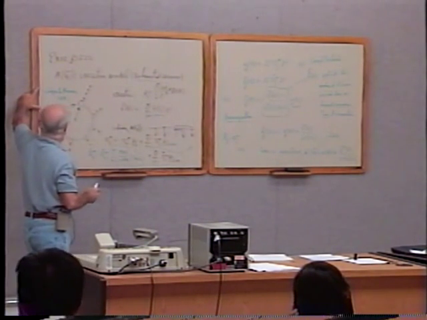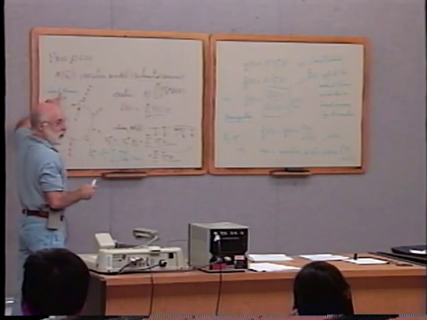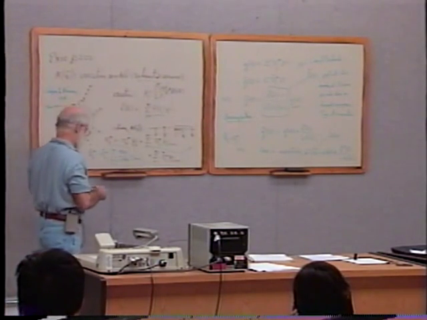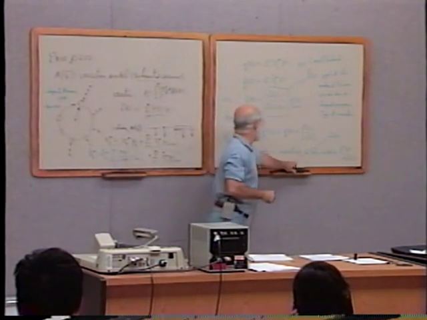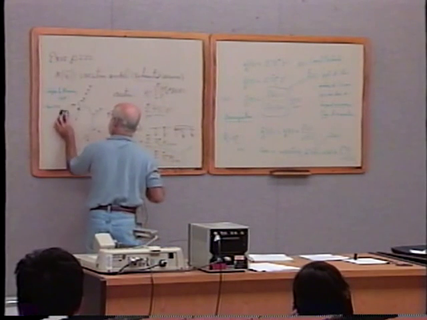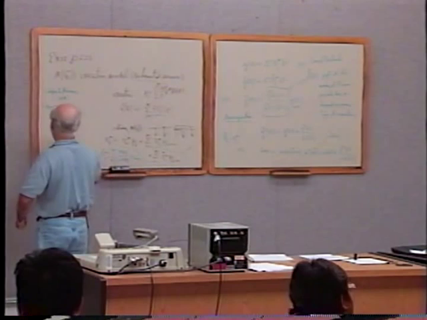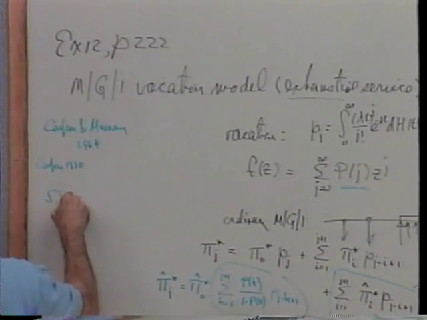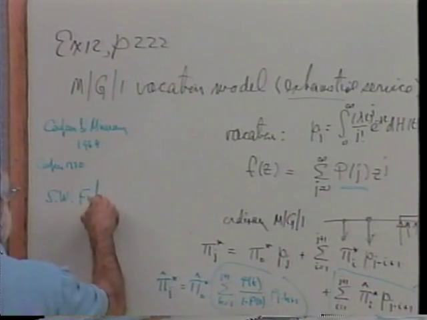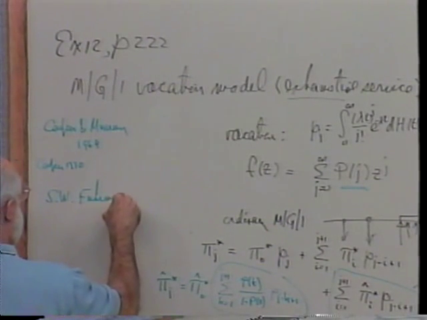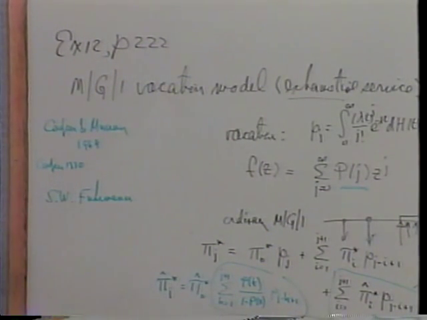One was that I left Bell Labs in '69, and later somebody named S.W. Fuhrmann, F-U-H-R-M-A-N-N, was working at Bell Labs in the same department that I had worked in, and his assignment was to go back over the stuff that had been done earlier and continue that work.